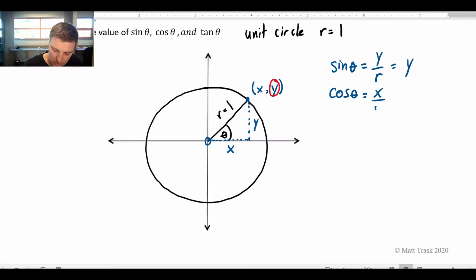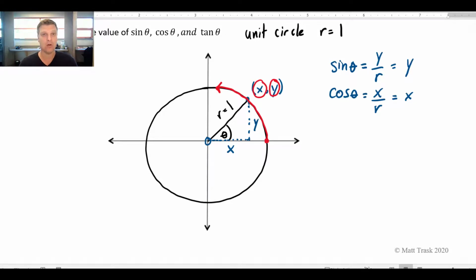That's x over r, or in this case, since r is 1, just x. So the cosine is really telling you about the x coordinate. And the point is here, as you start here at 0, 0 and go around and around this circle, you could think about how are the x and the y coordinates changing as you go around. Well, in this first quadrant, for example, the x is always positive and the y is always positive.